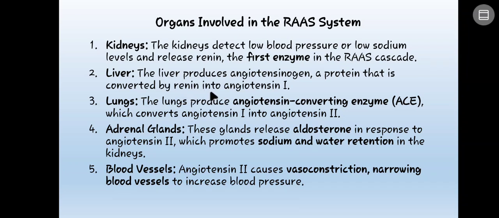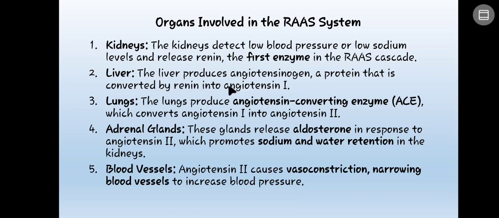It is converted by renin into angiotensin 1. Once it is produced and released into the blood, in the presence of renin, renin will convert the angiotensinogen into angiotensin 1.